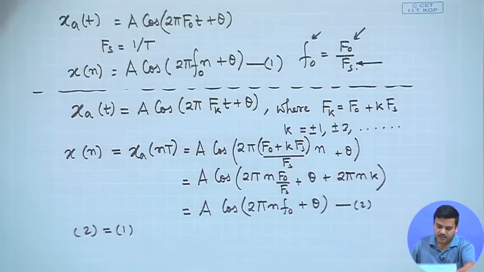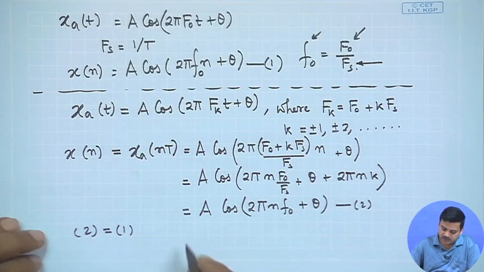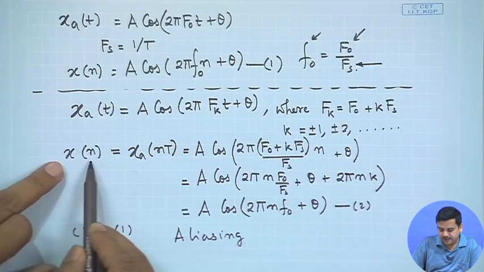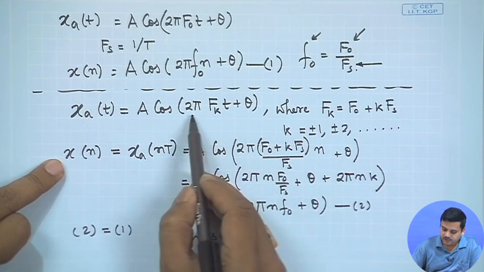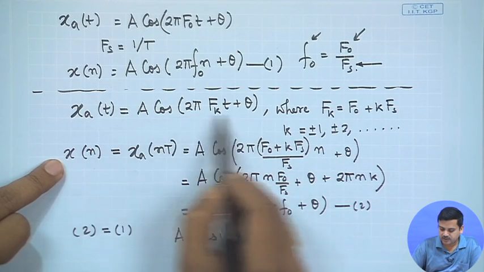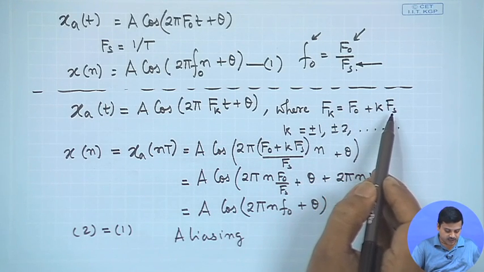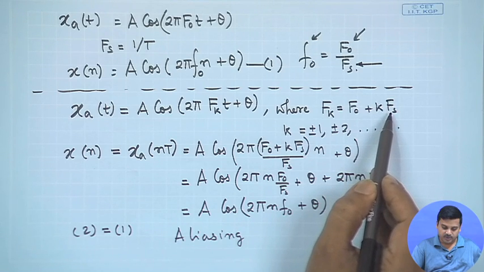So, this kind of situation is usually known as aliasing, because x n is an alias of many different sinusoids. One of them could be F 0 and others could be F 0 plus an integer times the sampling frequency.